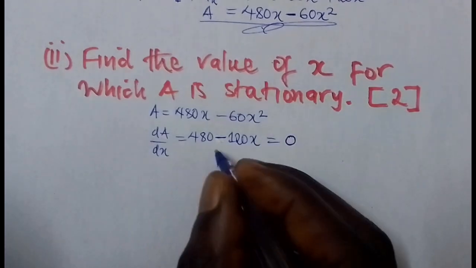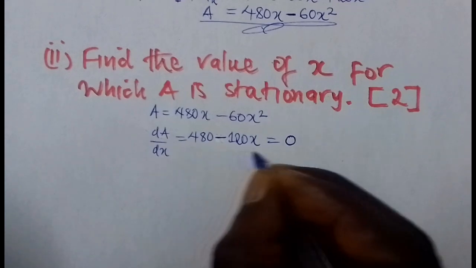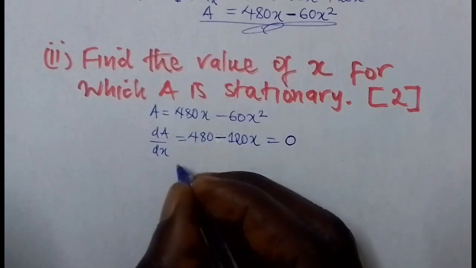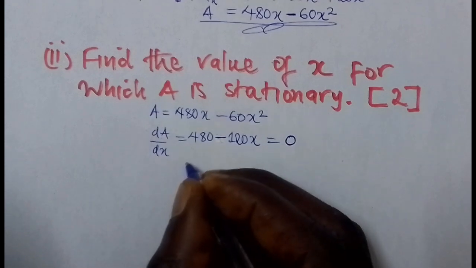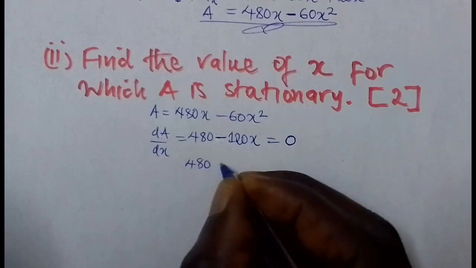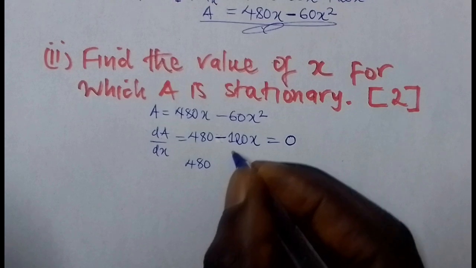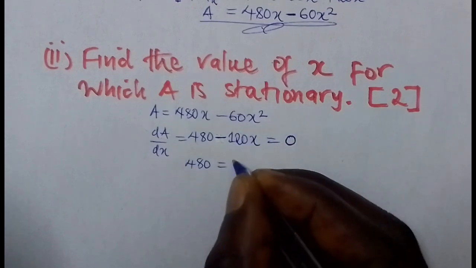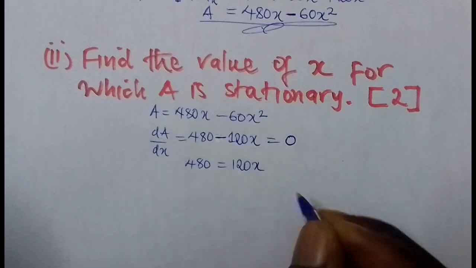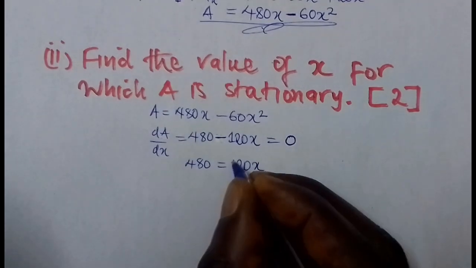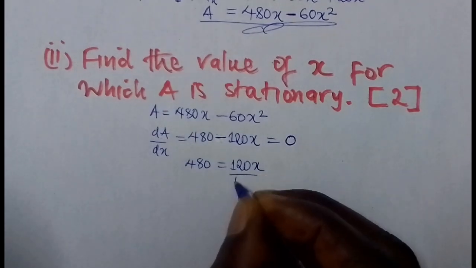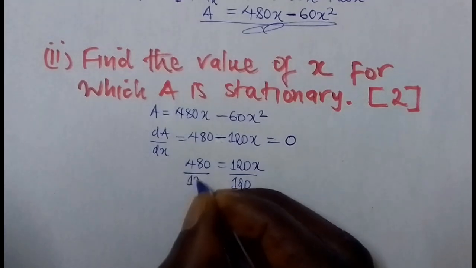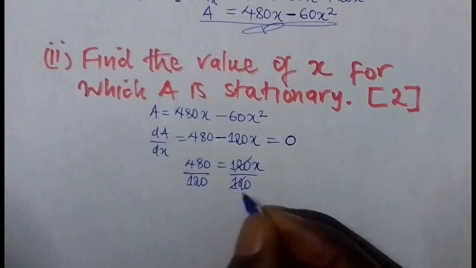So then we have to solve from 480 minus 120x equal to 0. Solving for that, we take 120x to the right, which gives 480 equal to positive 120x, and to find x we divide by 120 on both sides.